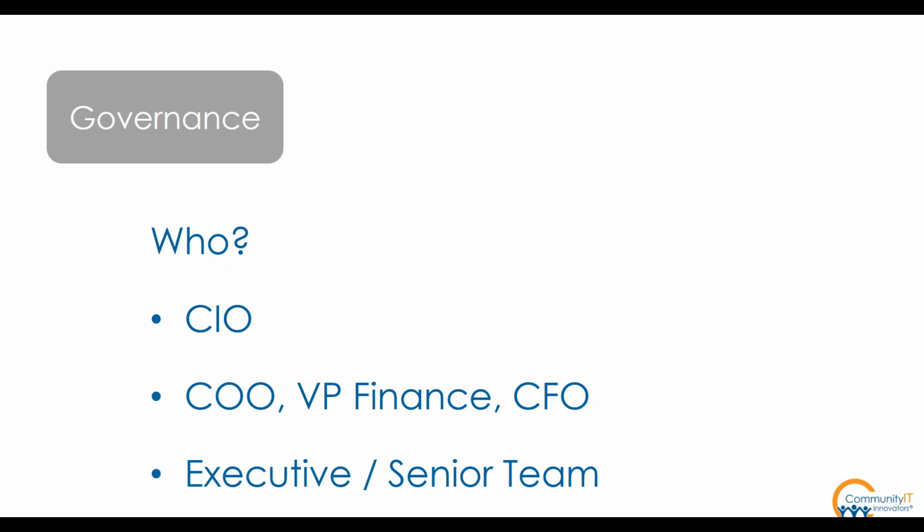It can be hard. In some cases, it just doesn't make sense for an organization to have a CIO. They're either not large enough, or the role of IT isn't significant enough that it requires having a CIO. In many cases, it's going to be the COO, either someone who's involved in the overall operational leadership and management of the organization, or someone who's involved in the overall financial leadership and management of the organization.